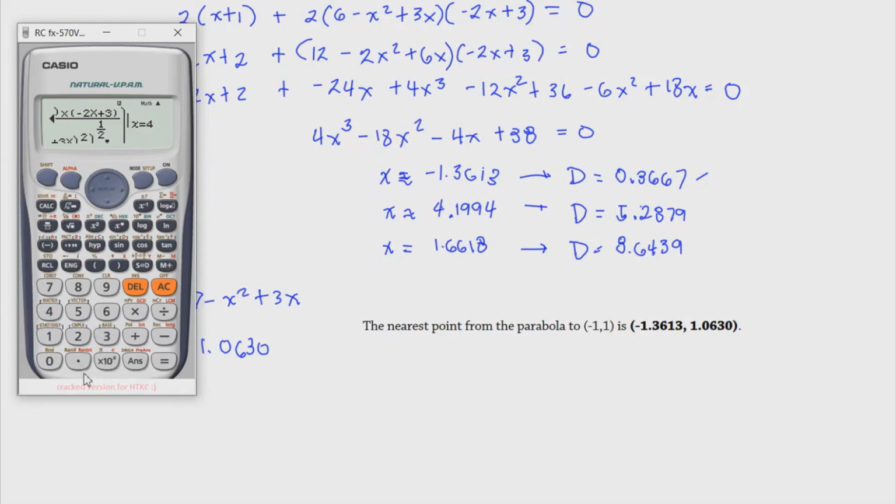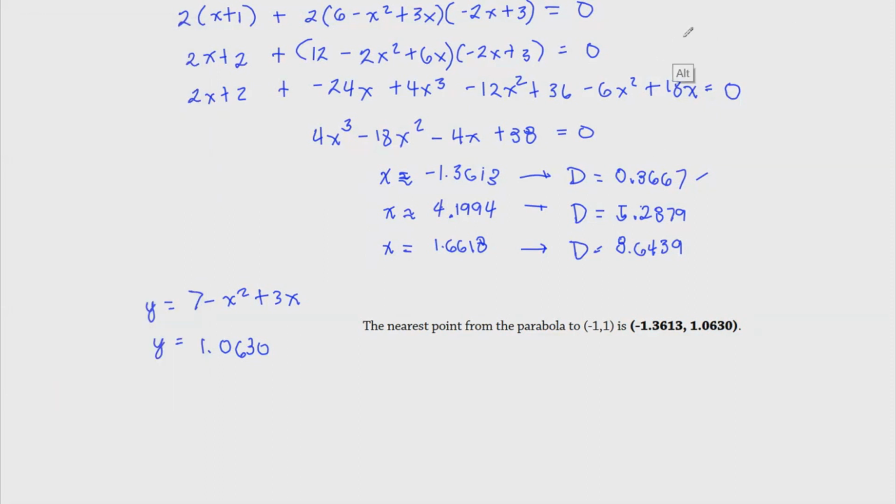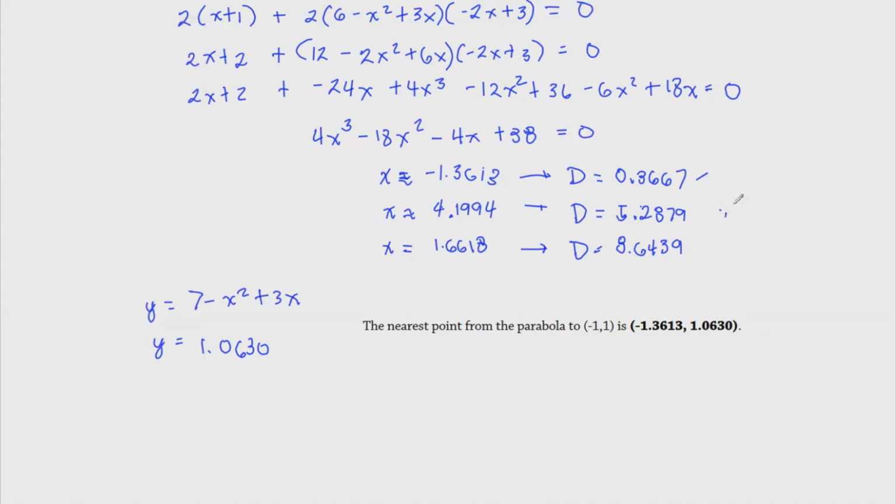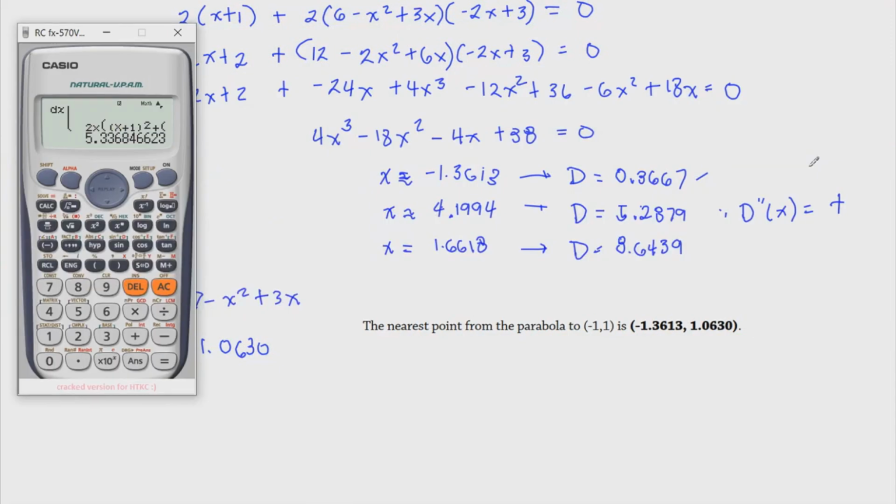Okay, so that's 4.1994. Okay, so that's 5.3368. So this one gave me a positive value. So the second derivative for this one gave me a positive value. Okay, so for this one, we check on that.